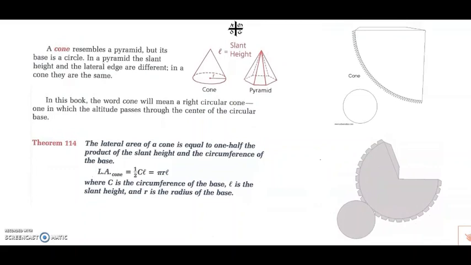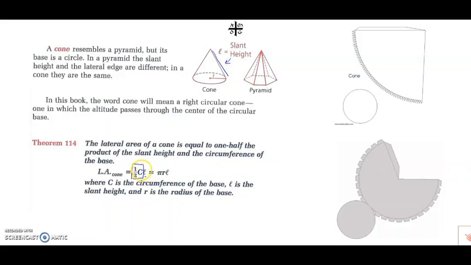A cone is similar to a pyramid because it comes to a point. The lateral area of a cone is 1/2 the circumference times the slant height, where L is the slant height.